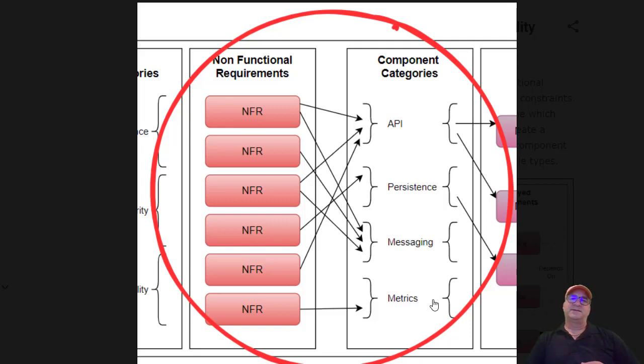So the idea is you take a set of NFRs and you categorize them in the classic fashion, and then you create a second set of categories, and it could be multiple, right? A given NFR, as you see here, could apply, like the top one applies for API and for messaging. Like I said, that one might be that the schemas need to be registered because that's a governance requirement. And so NFRs might apply to multiple areas.